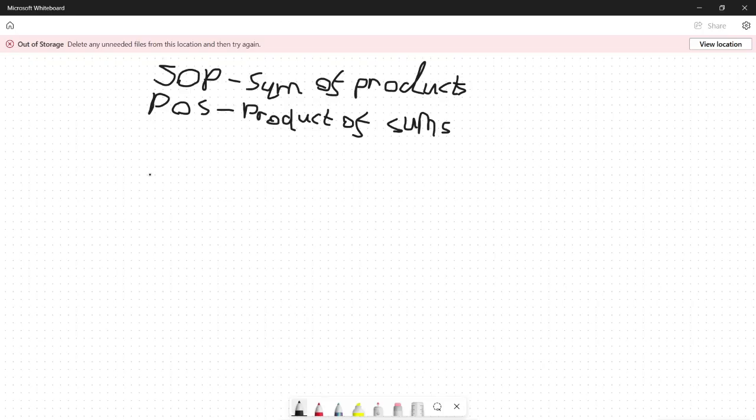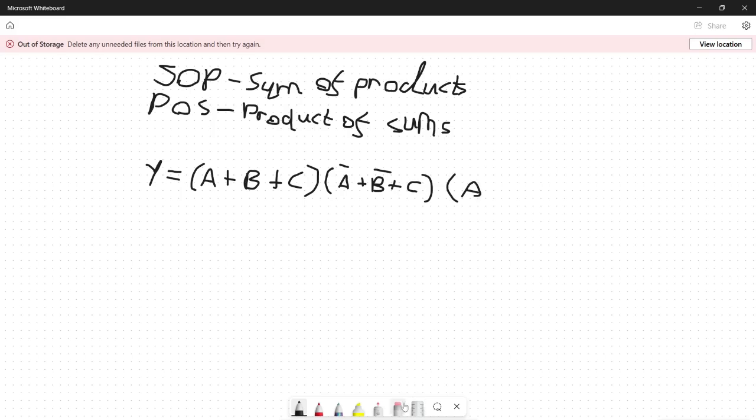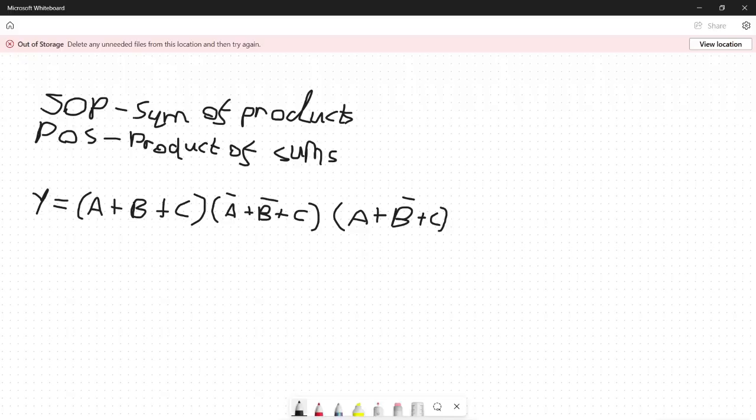Let's say we have Y, which is our output, and we have A plus B plus C, and we're going to times that by, let's say, A inverse plus B inverse plus C, and we're going to say A plus B inverse plus C. And let's do 5 expressions because I think that should be reasonably complicated without going too far.